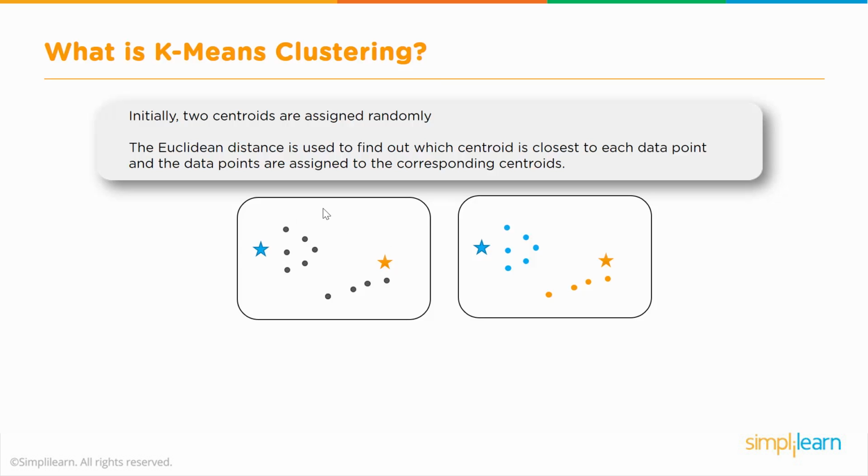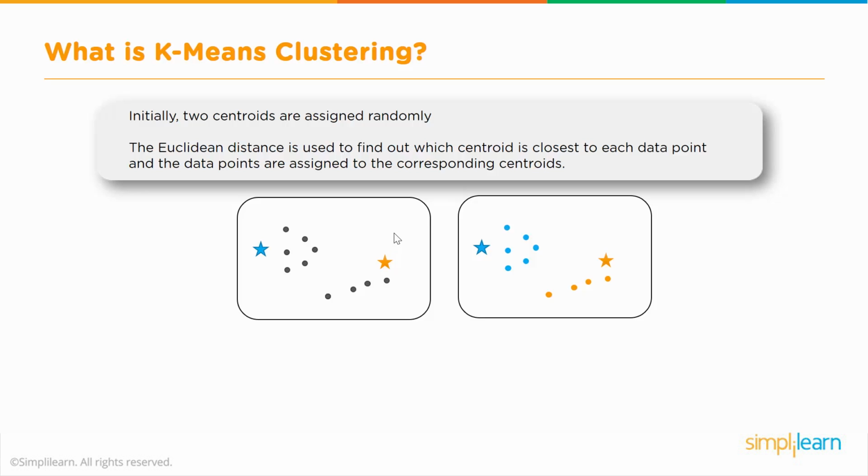They are random points. They are not really the centroids. Centroid means it's a central point of a given data set, but in this case, when it starts off, it's not really the centroid. Though in our presentation here we have shown one point closer to these data points and another closer to these data points, they can be assigned randomly anywhere. So that's the first step.